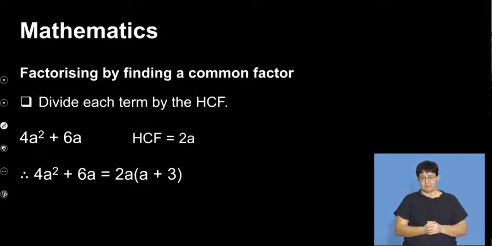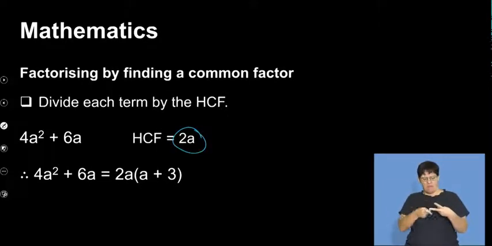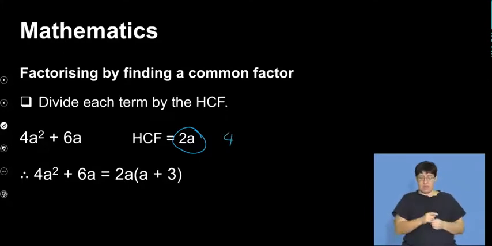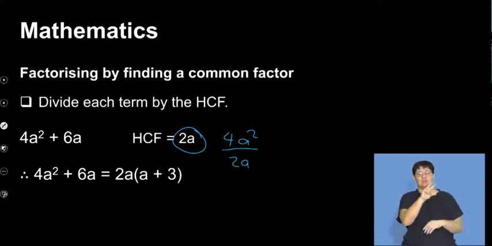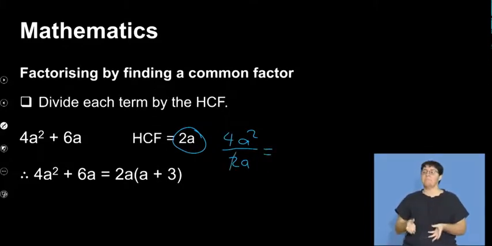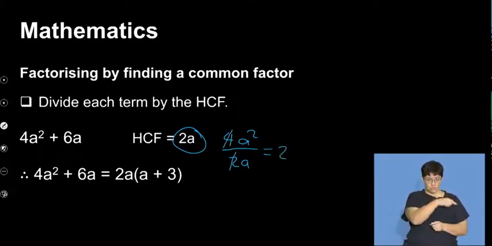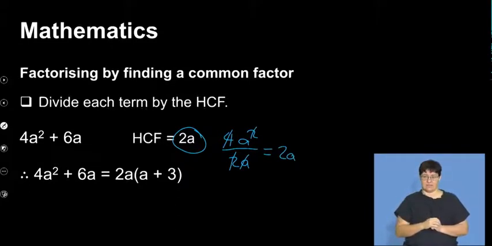Now also, what if the common factor is a variable and a coefficient, right? Meaning a variable and a number as a term. So this one, the common factor will be 2a. How do I get my answer again? Remember, the first term, which is 4a squared, you divide it by 2a, and this will give me, the 2 goes in there twice, the a cancels 1a there, and I'm left with 1a, right?